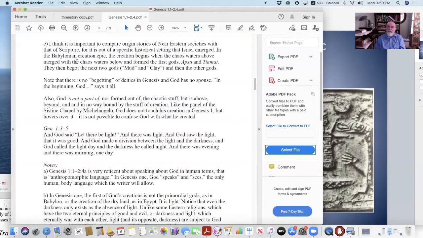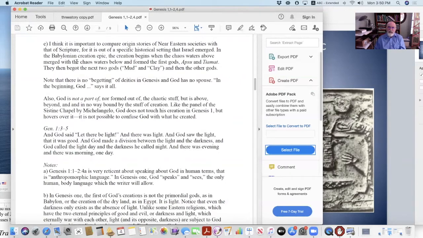They then become the progenitors of all the gods that follow, including the next two primordial gods, Lachmu and Lahamu, which mean mud and clay or something like that. Then other deities, which are largely nature deities, phenomena of nature, emerge because of Apsu and Tiamat being the begetters of all the gods in the Babylonian pantheon that follow.